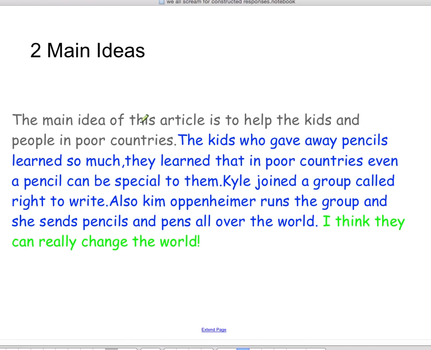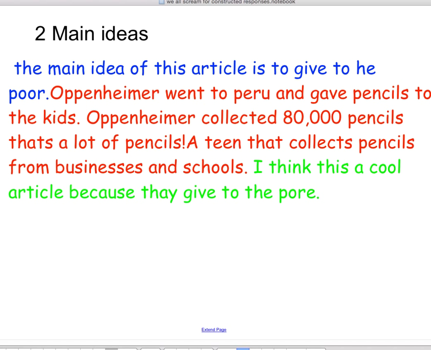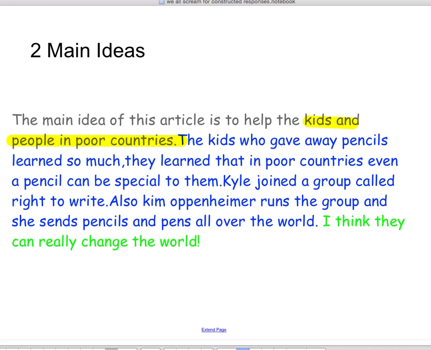They said the main idea of this article is to help kids and people in poor countries. Does that fit this article? Is that something it was mainly about? Definitely. And here's another one. The main idea of this article is to give to the poor. Okay, similar idea as here, but just a little bit different.